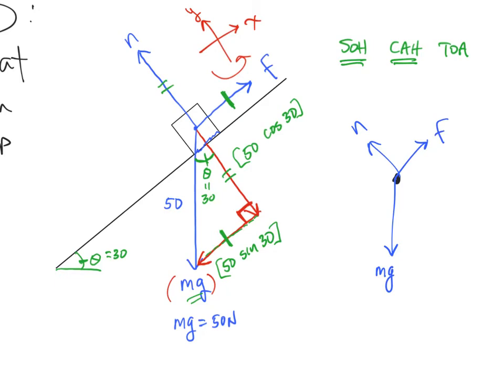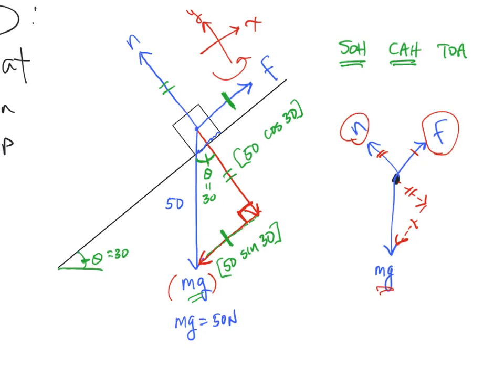You don't draw components on a free body diagram, but it is important that you understand the geometry so that in problems we could go ahead and actually calculate the magnitudes of these forces by recognizing, as we noted before, which components of mg the normal force and the friction force are going to be equal to. So I hope that's helpful.